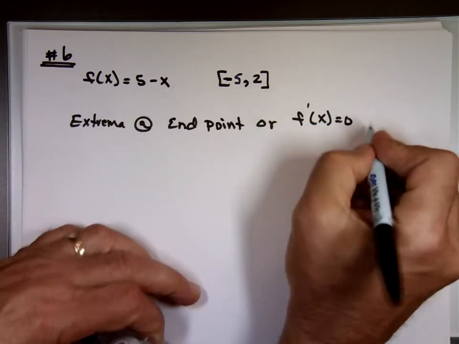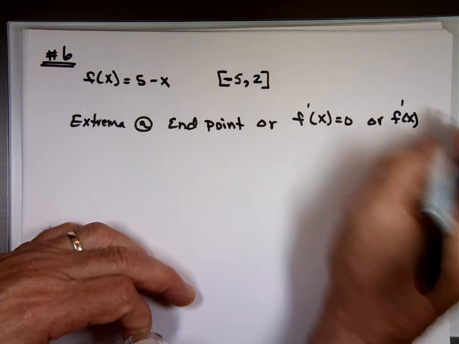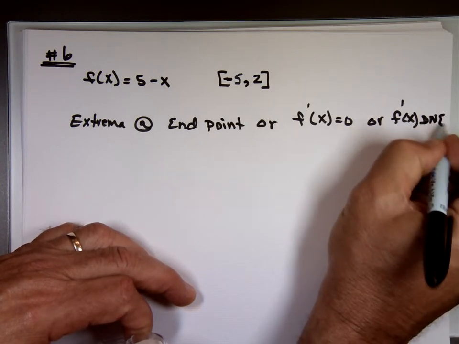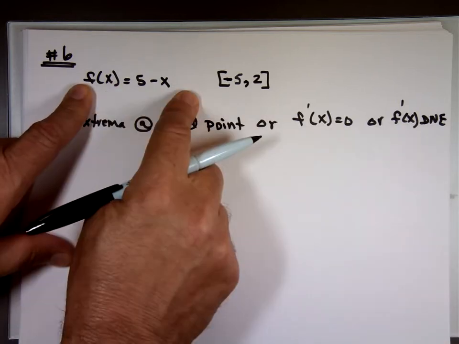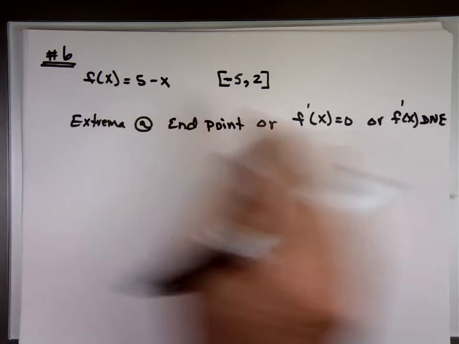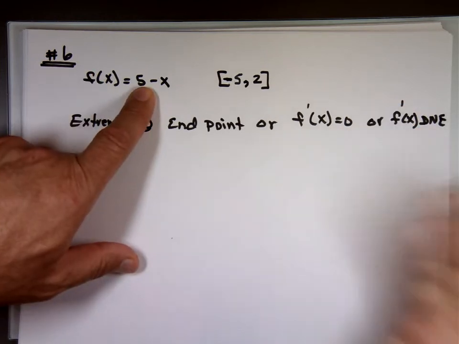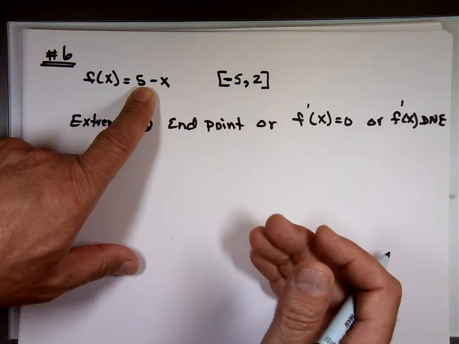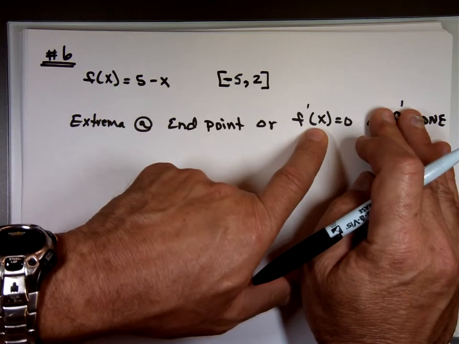Or another one where the derivative might be undefined, does not exist. In this case, does not exist is not possible because there's no fraction. The only time you have does not exist is when you have a fraction or a square root of a negative number. So in this case, it's going to be either where the derivative is 0, or the endpoints.